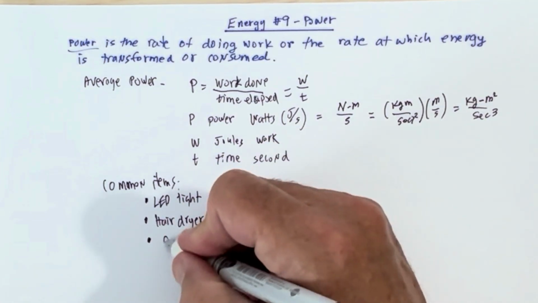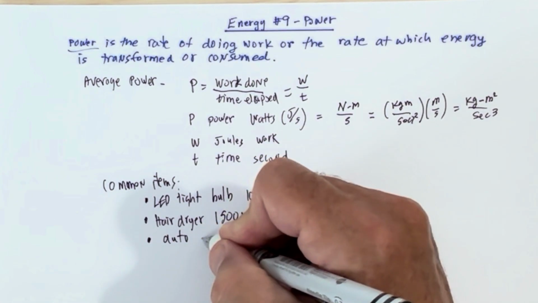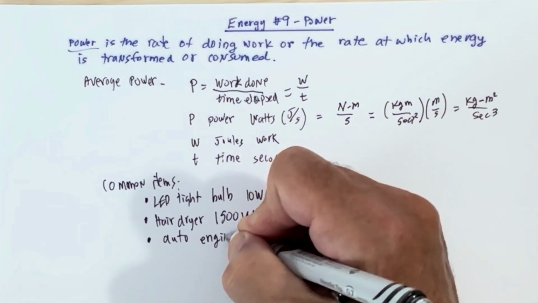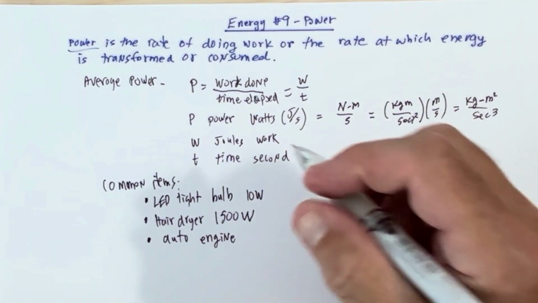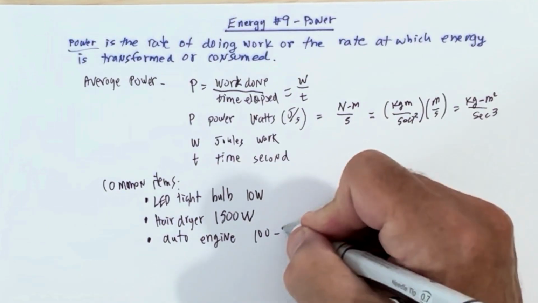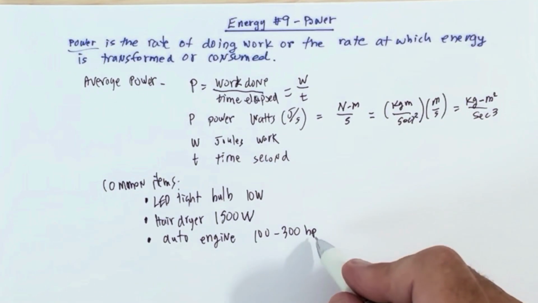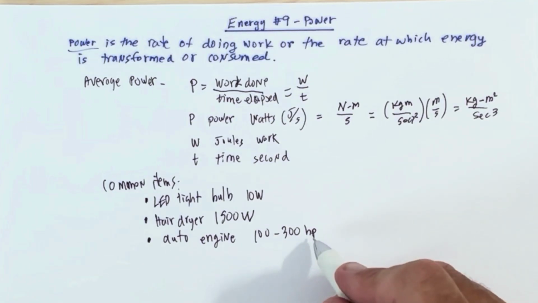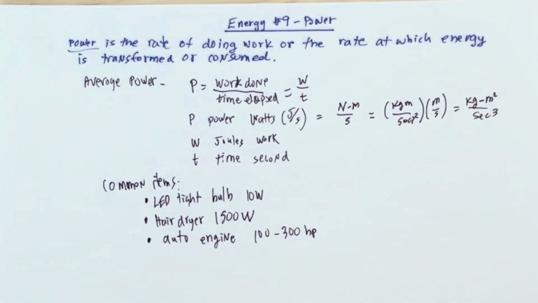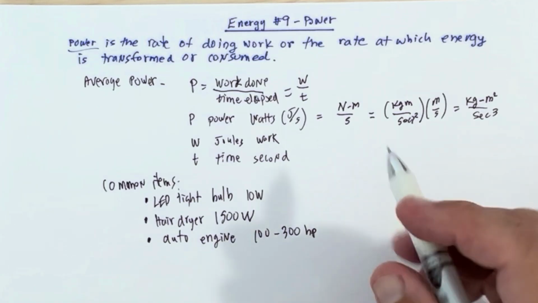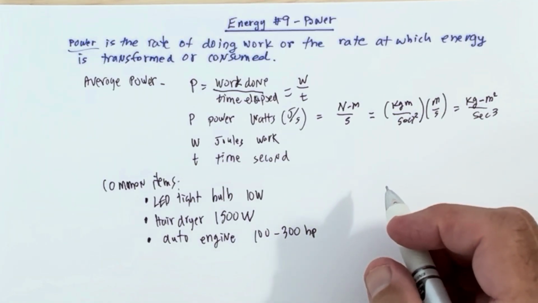And then the automobile engine, it's going to be 100 to 300 horsepower. Now that's not in watts. I said horsepower. Horsepower is still a common unit used especially in America.